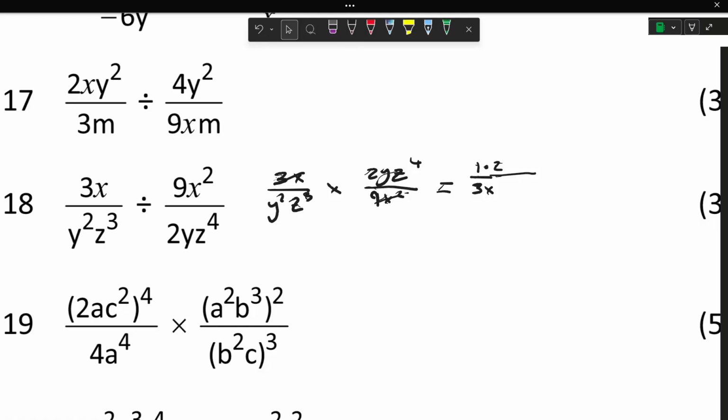So this y is going to disappear, and we're going to have 1z left. And everything down here is going to disappear. Oh, no, we're still going to have the 1y. So we're going to have 2z over 3xy, if I'm not mistaken, which I shouldn't be.